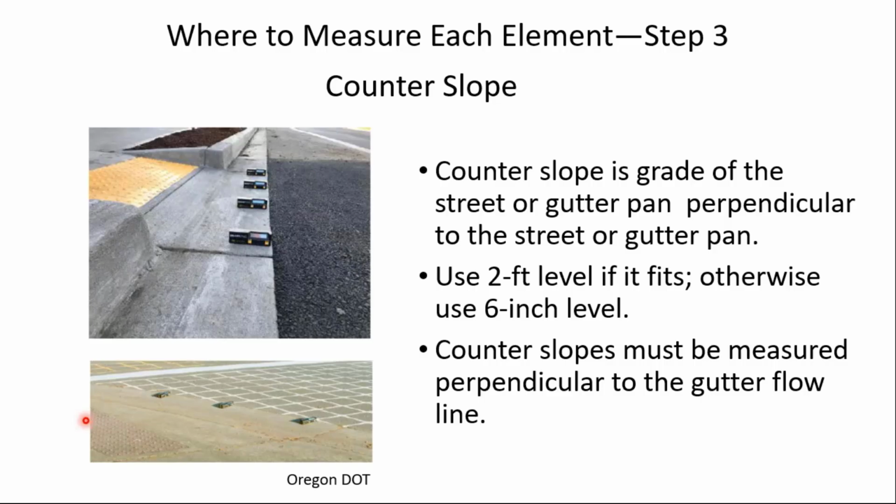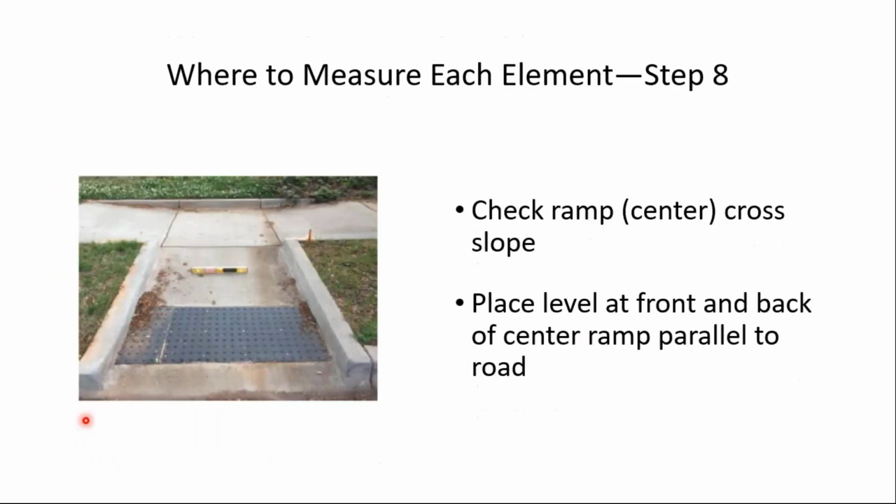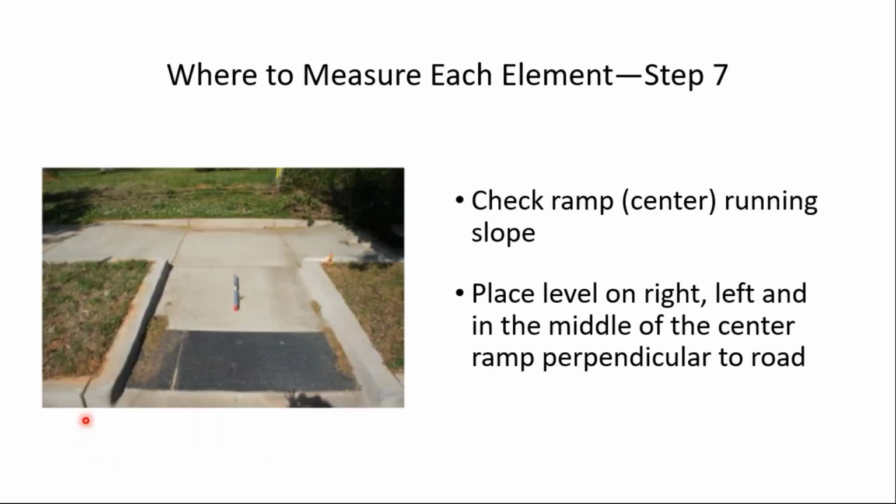Thanks, Ron. Question from Saeed. What are the maximum and minimum requirements for step 7 of parallel/perpendicular ramps? Let me go back to that. Where was that? What was the question again? Maximum and minimum? Question is, what are the maximum and minimum requirements for step 7 of parallel/perpendicular ramps?